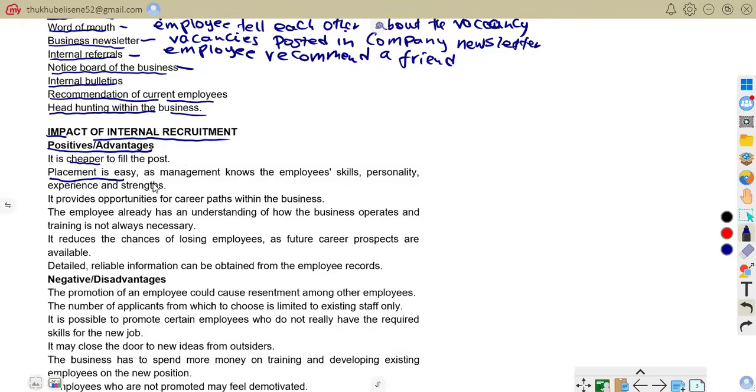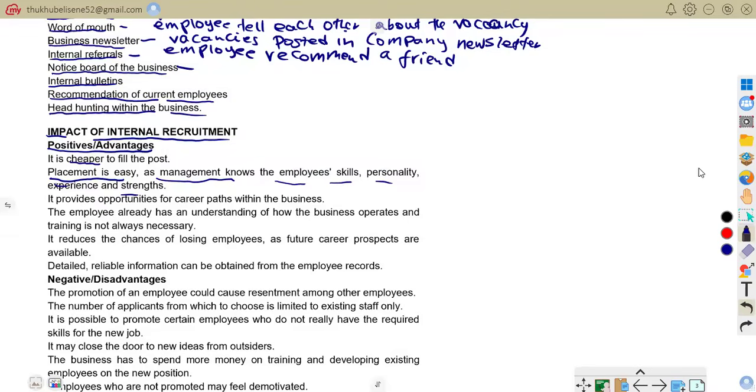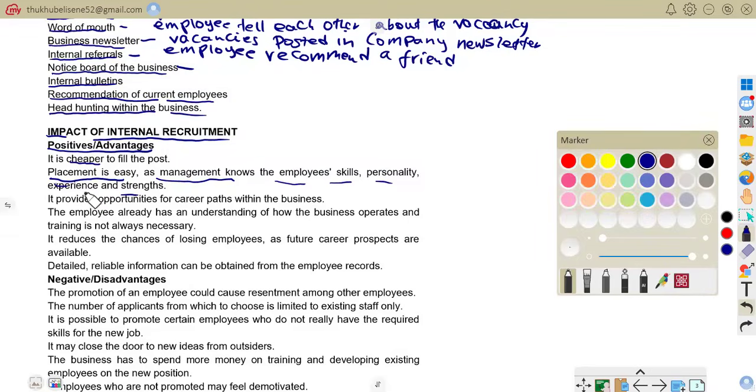Placement is easy as management knows the employee's skills, personality, experience, and strengths.